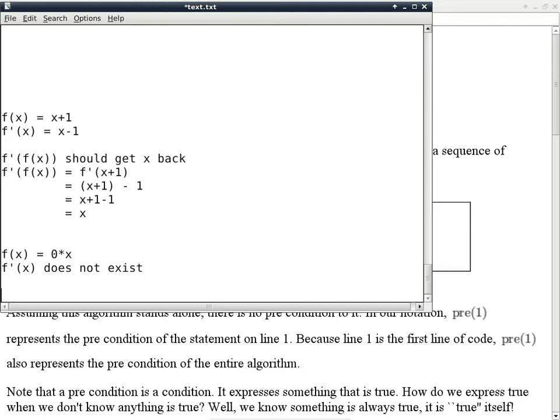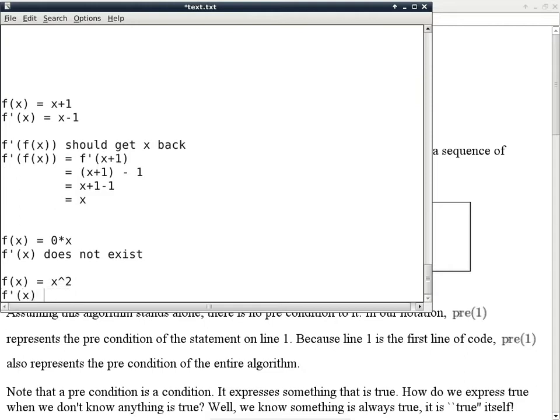Other things can give you multiple results. If f of x equals x squared, what is the inverse function of that? Plus or minus, very good. So that means, technically speaking, there are two values that can be used here, because this can be plus the square root of, this can be plus x.